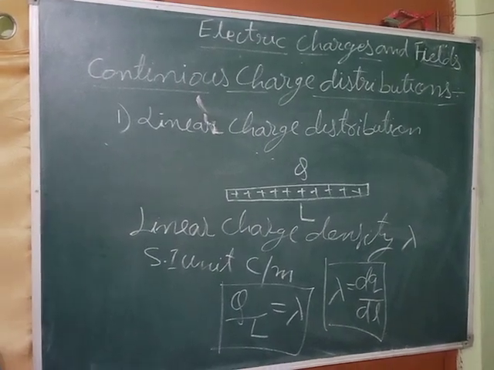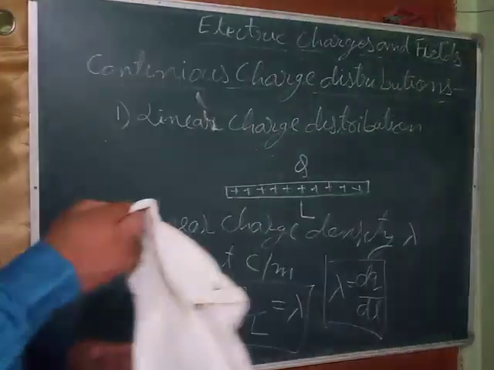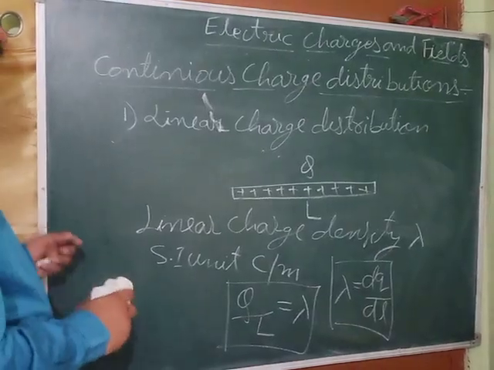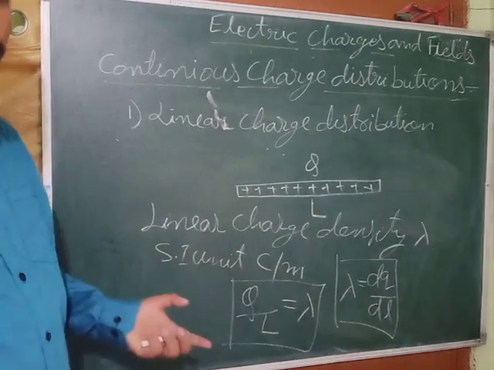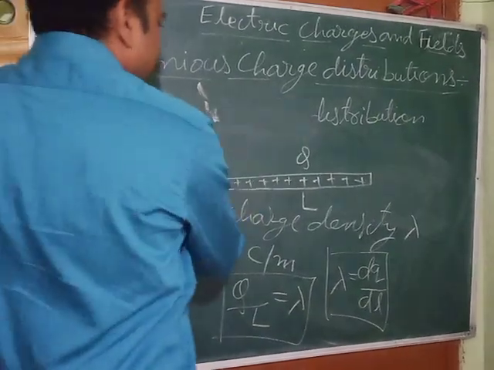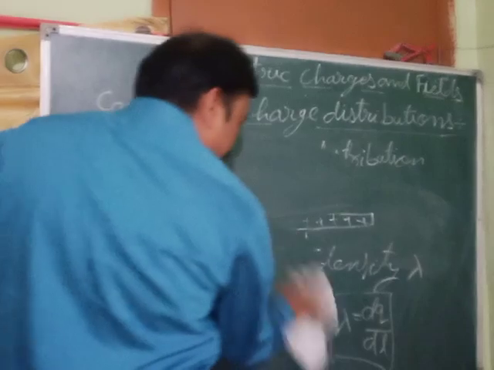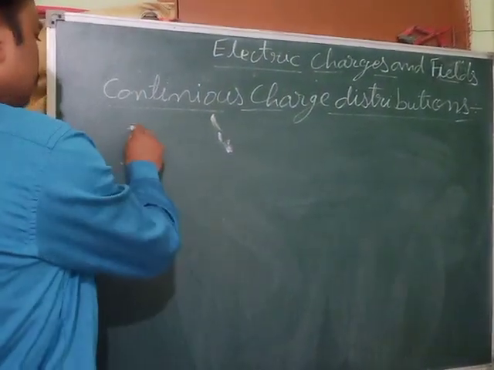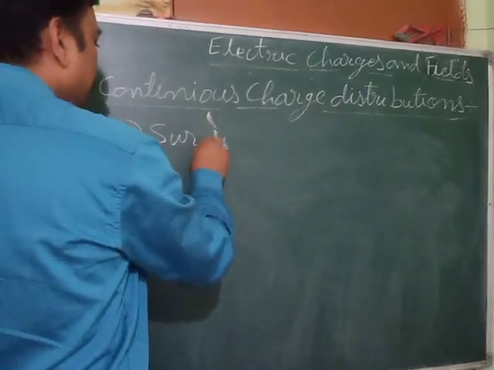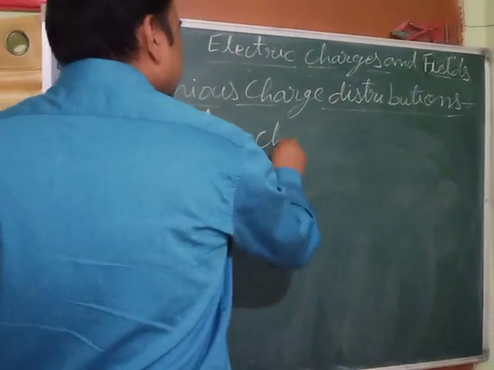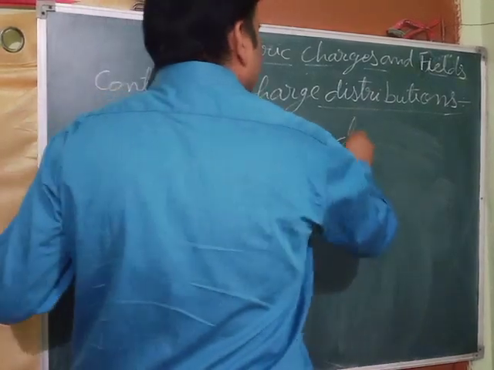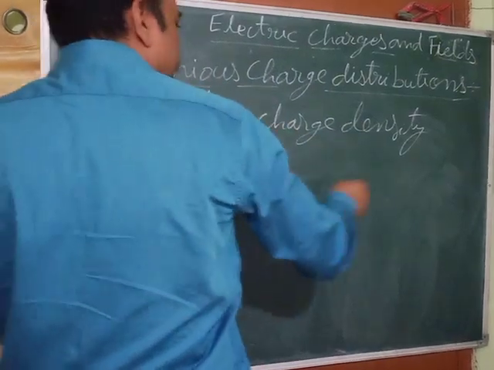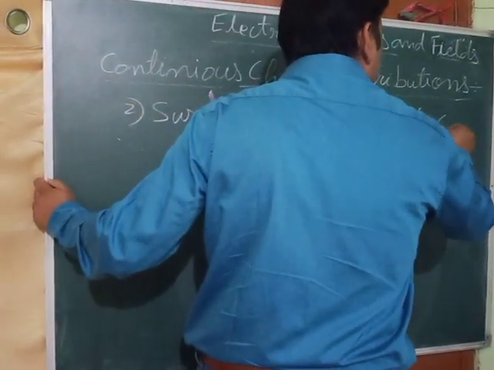Now when it comes to surface charge density or surface charge distribution, then obviously we are going to consider a two-dimensional body. Surface charge density is denoted by sigma.